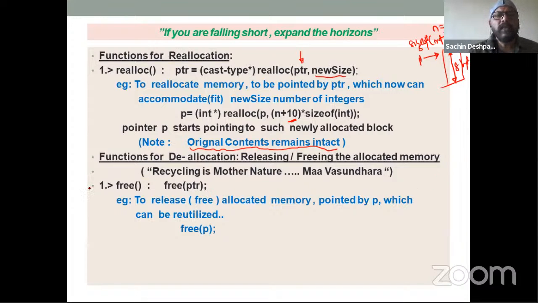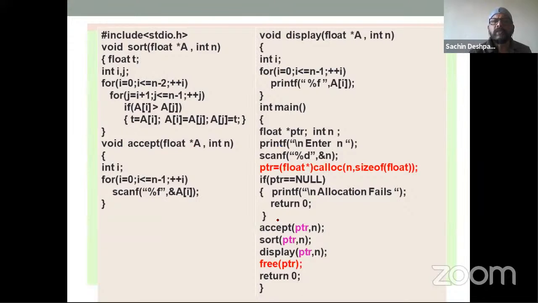So for the same philosophy, my dear friends, we have a free function made available. As and when we realize that the memory is no longer required, it can be released so that it can be reutilized. So this is the free function available for the purpose.